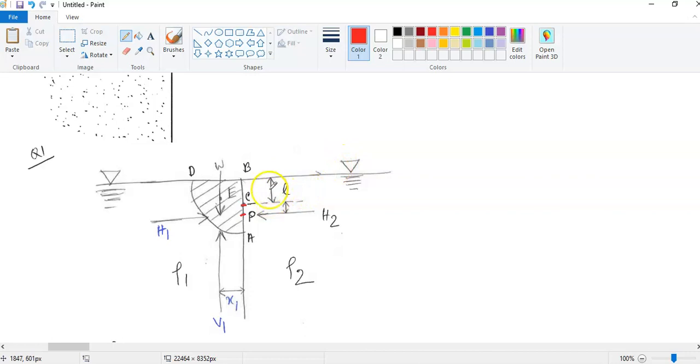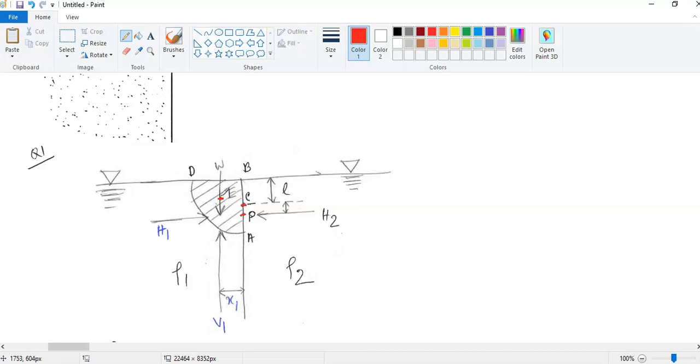And the distance from the center of pressure to the pivot point A, this is AB. This is the centroid of the area. We defined the quarter cylinder area as A, B, D, and E is the centroid of the area.